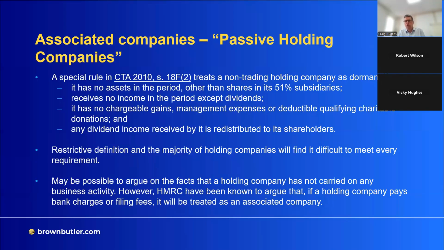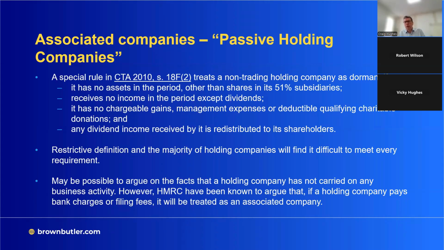A holding company will be treated as dormant if it has no assets in the period other than shares in 51% subsidiaries. It receives no income in the period except dividends, and any dividend that is received is flowed through to the ultimate shareholders. And it has no chargeable gains, management expenses, or deductible qualifying charitable donations.